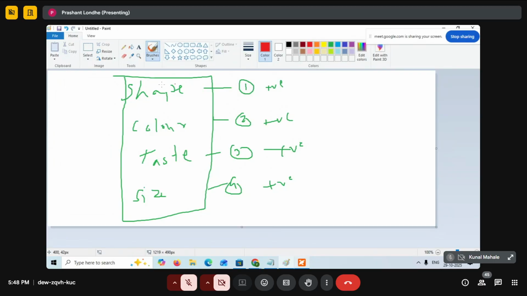But suppose shape is positive, then color is positive, but I fail at taste. It is negative. So what will happen? I am not going for the size, because my model has denied the existence of the apple at the third stage. So here you follow one step after another step, and that is done by pipelining.